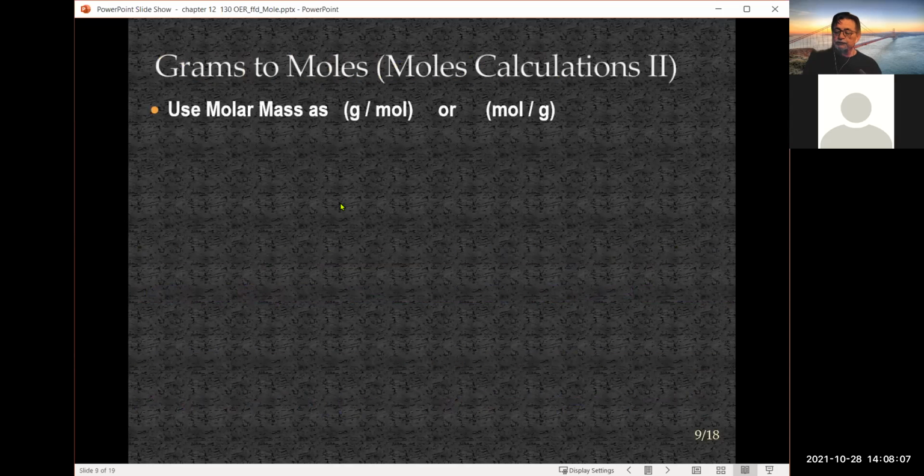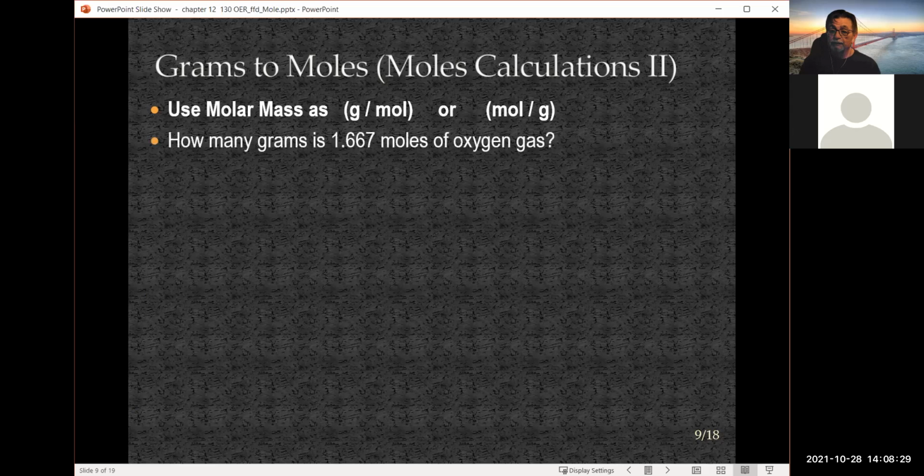Now we're going with grams to moles. So if I start off with X number of grams, how many moles is that? Just analogous to what we just did with water. If I have 18 grams of water, I got 1 mole. If I had 9 grams of water, which is just half of that, I have half a mole.